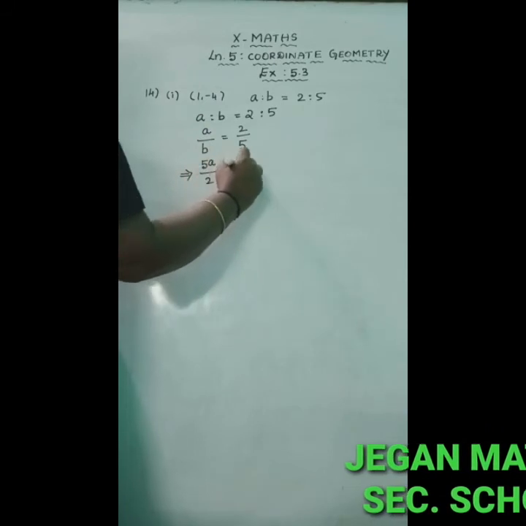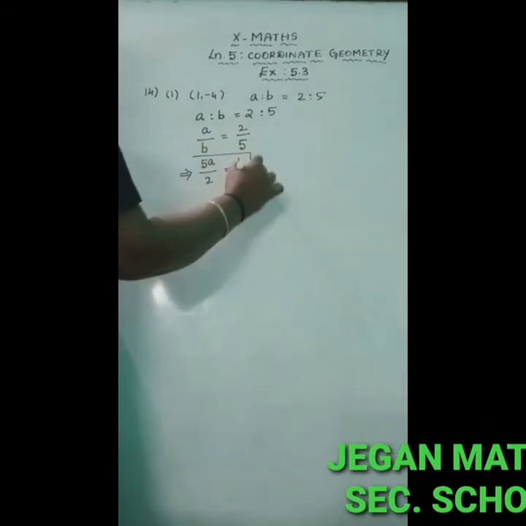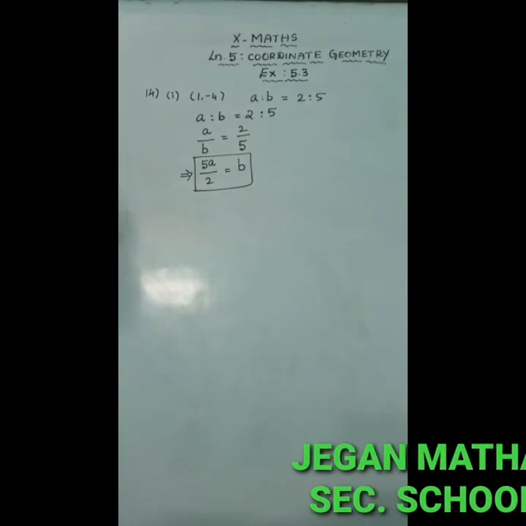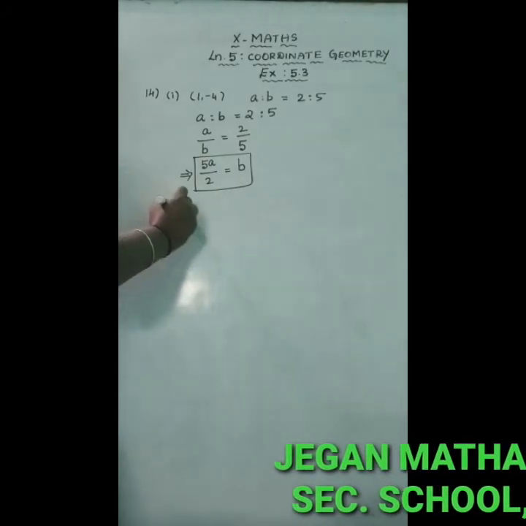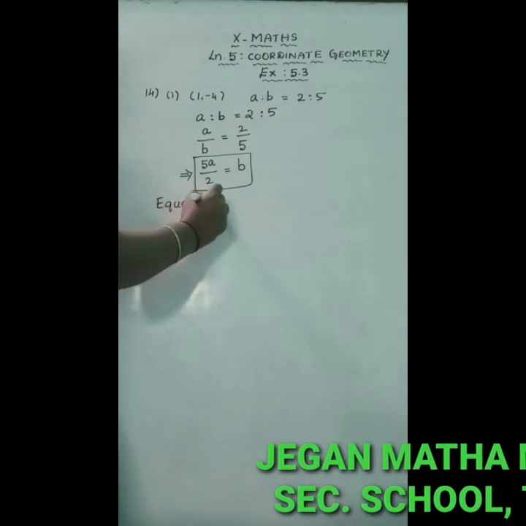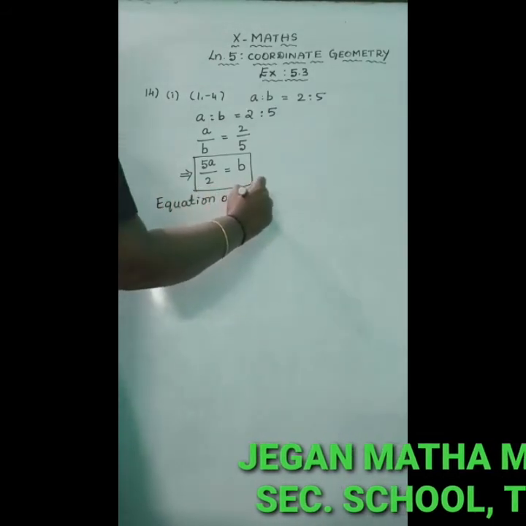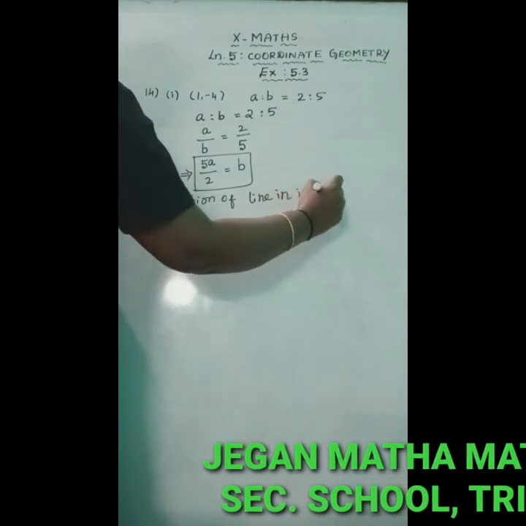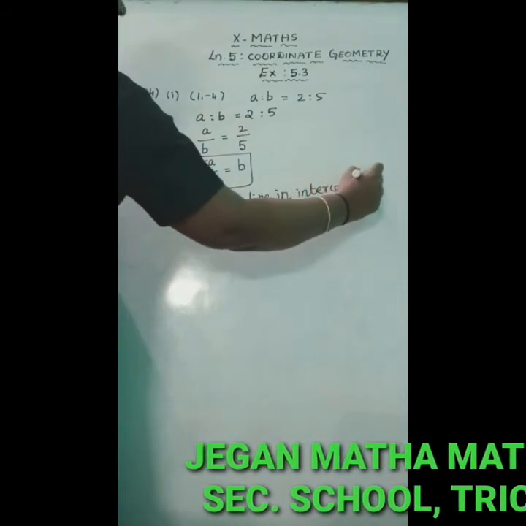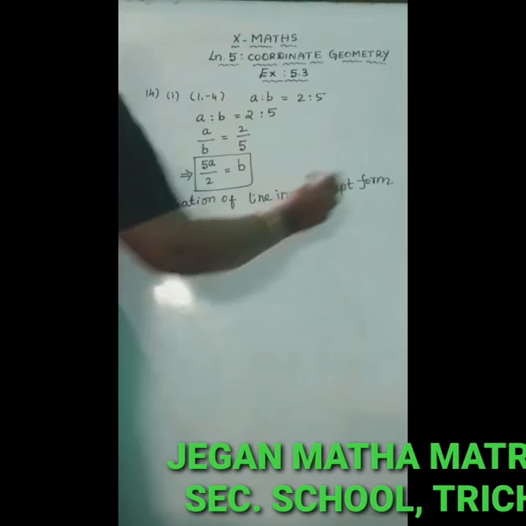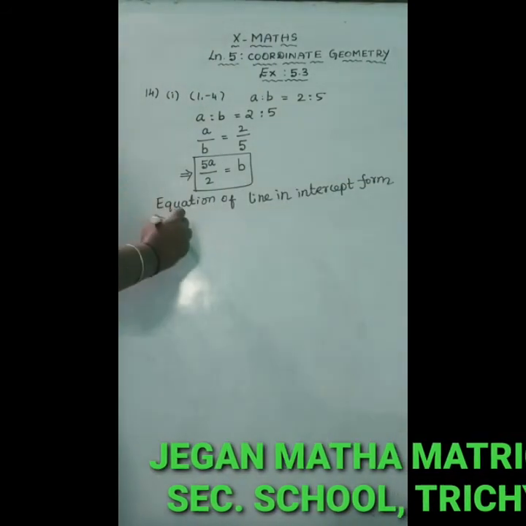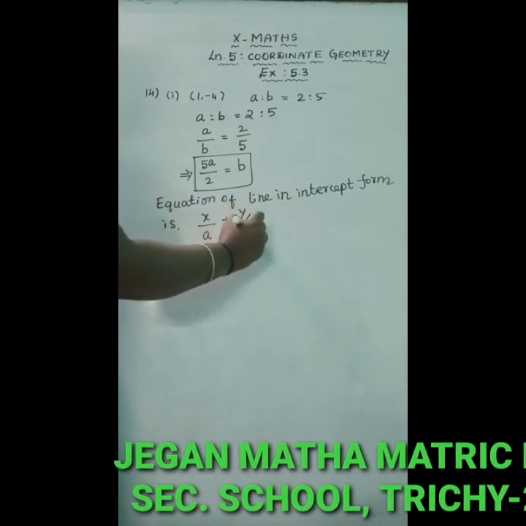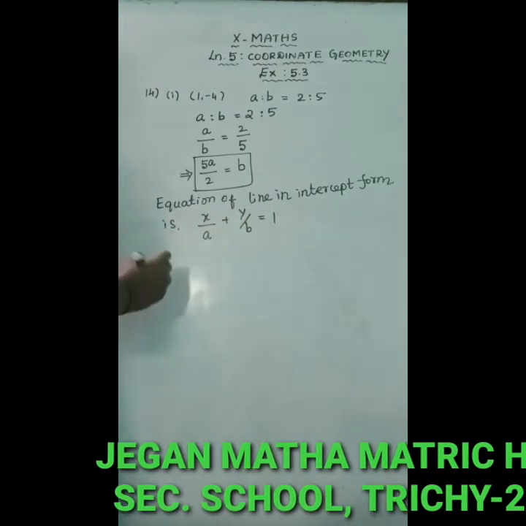So this is the value for b. Always the equation of the line in intercept form is x divided by a plus y divided by b is equal to 1.